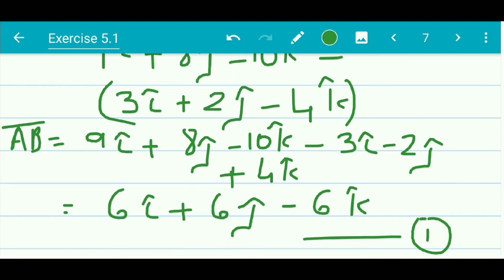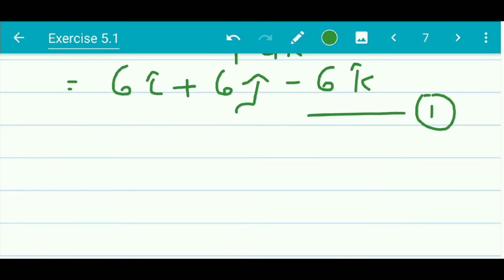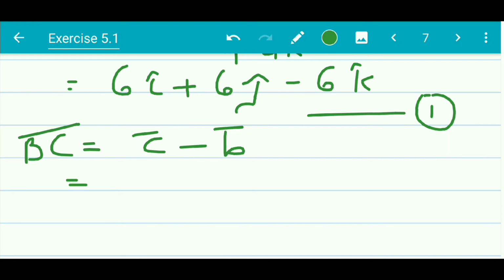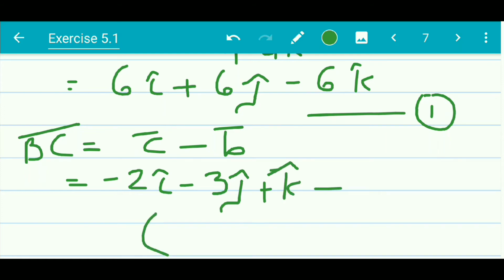Then we also find out what BC is. Now you know how to find vector BC. It is C minus B, isn't it? C minus B, which is minus 2i minus 3j plus k, minus the vector B, that is 9i plus 8j minus 10k.